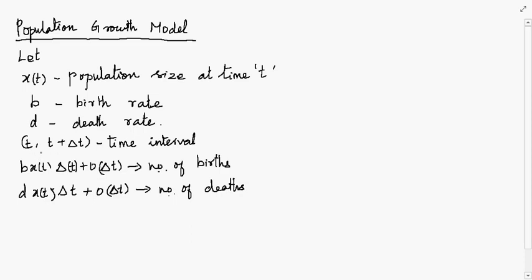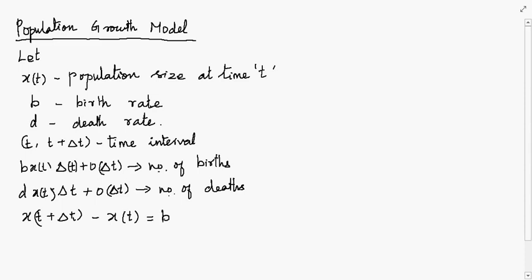Now in this time interval we'll find out the change in population. The change in population is nothing but the population at time t plus delta t minus the population at time t, so x of t plus delta t minus x of t. This will be nothing but the number of births minus the number of deaths in this time interval delta t.